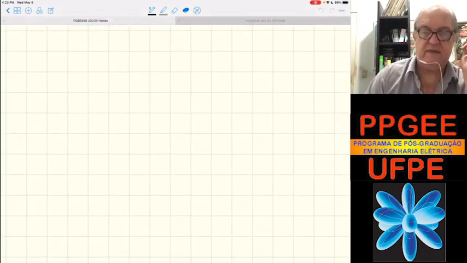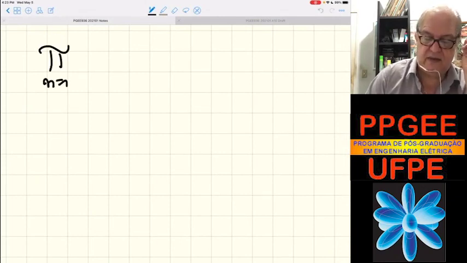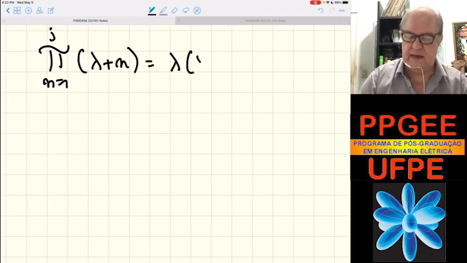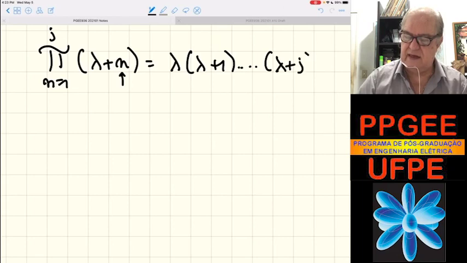Let's do a little bit of algebra here. Productory from n equals 1 to j of lambda plus n. n is the discrete variable. This is equal to lambda plus 1, etcetera, until n equals j, which is going to be lambda plus j, right?